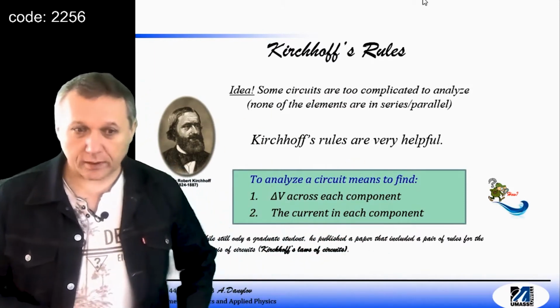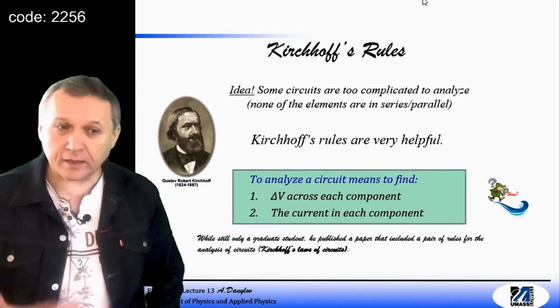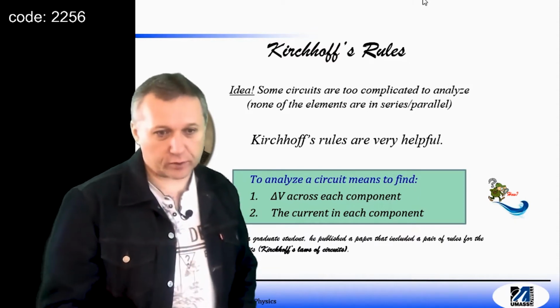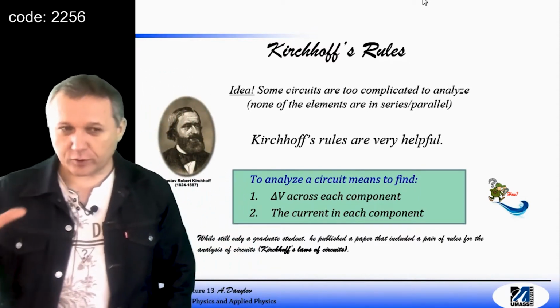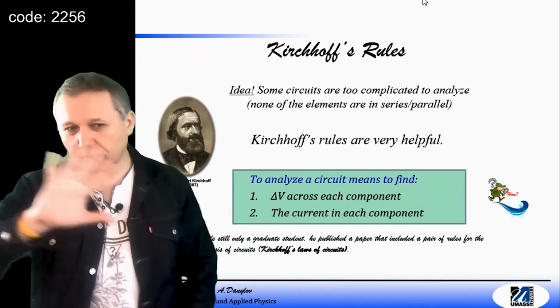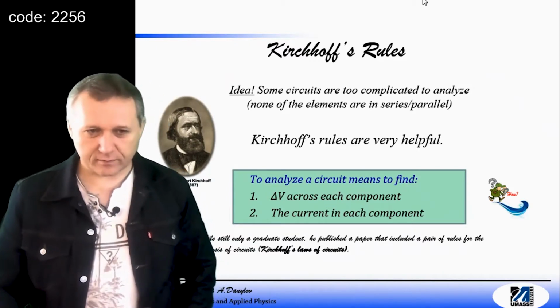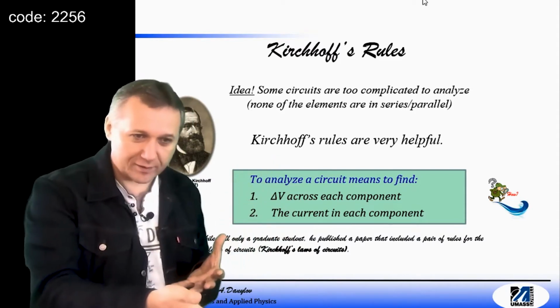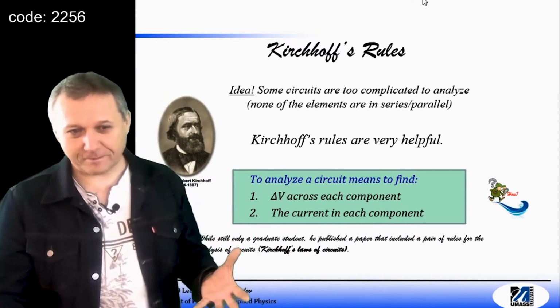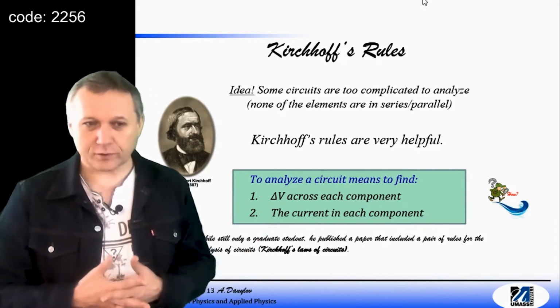No limitations. And again, we're going to analyze a circuit. What does it mean, analyzing a circuit? We're going to look just at a circuit full of resistors and batteries at the very beginning. It means that we need to find current through each resistor and potential difference across each resistor.